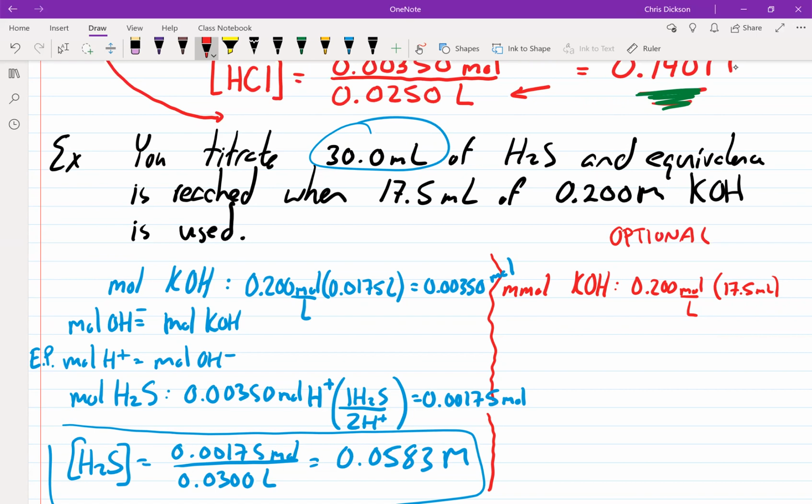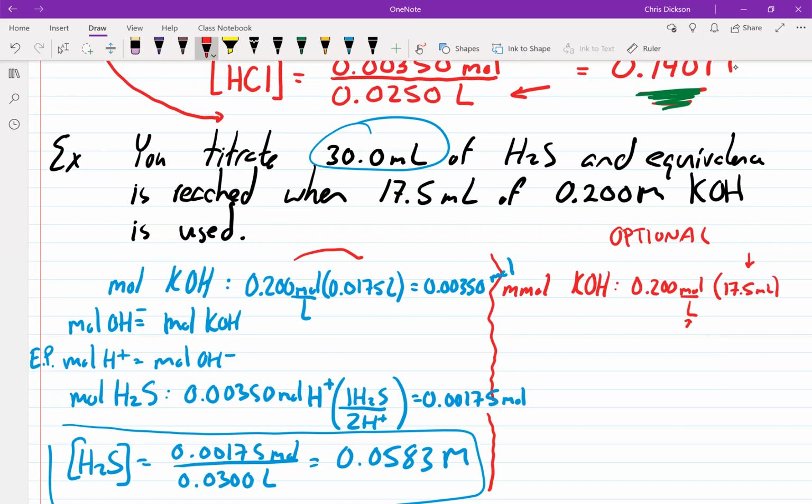So you'll notice in the first step of the calculation, I just timesed the volume and the molarities together, but I converted the volume to liters. The reason I did that is because I had liters in the bottom of my molarity here, moles per liter. So you might think to yourself, that's going to be a problem because this is in milliliters and this is in liters.